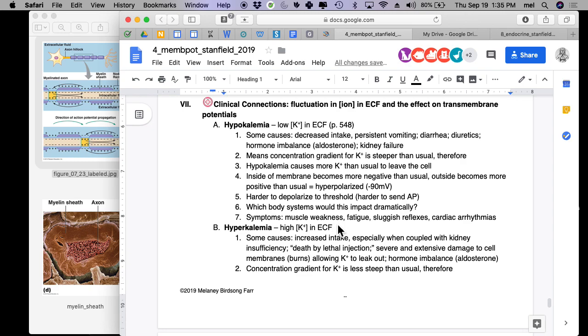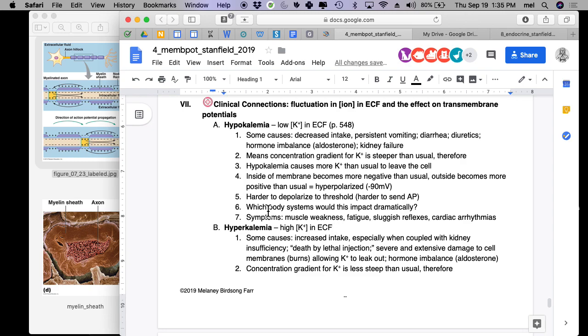Now, try to start an action potential when you're hyperpolarized. It's really difficult, right? It's not impossible, but it's almost like you're in relative refractory period all the time. It's harder to get to threshold.